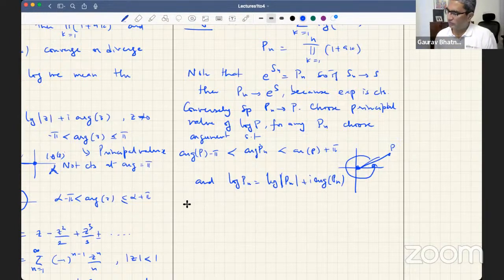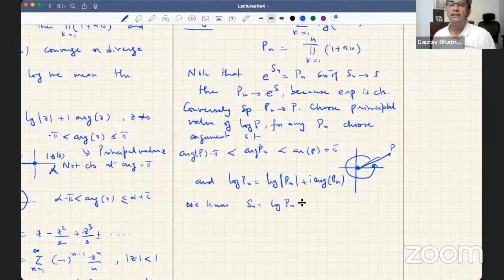So what do we know? We know S_n is log of P_n up to some multiple of 2 pi i.